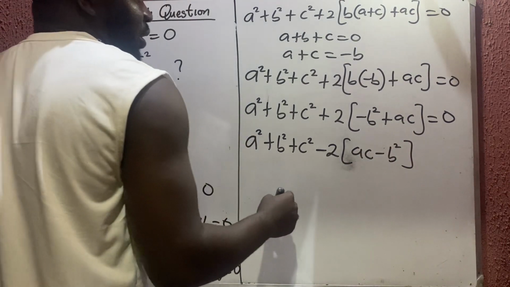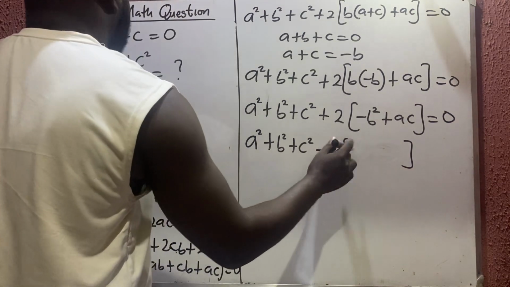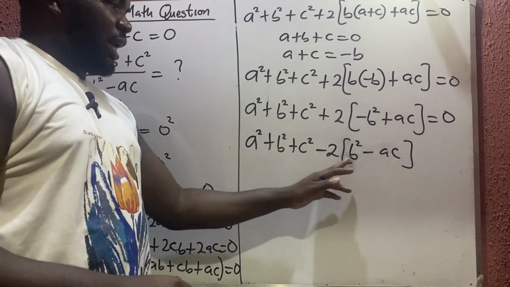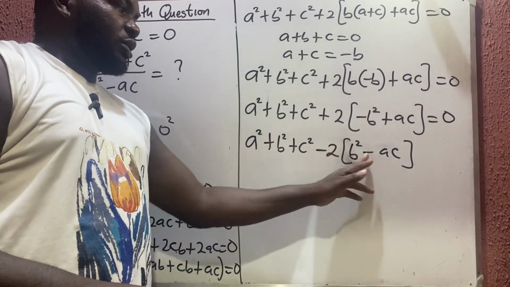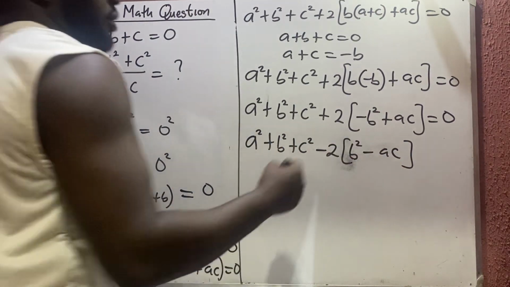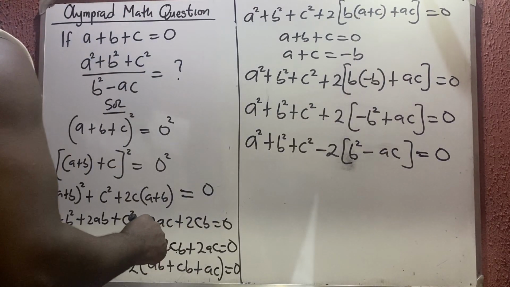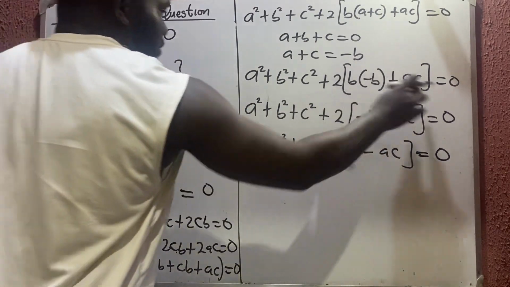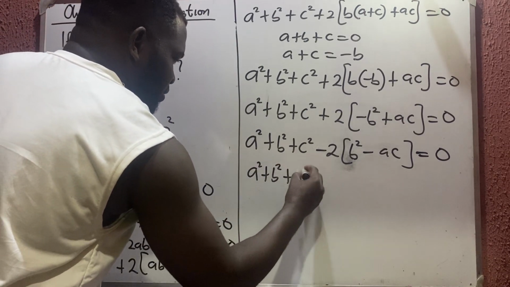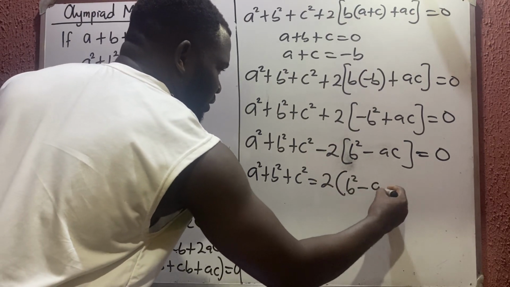Sorry, b squared minus ac. Yeah, b squared minus ac. So minus times this will still give you minus this, minus times minus will still give you plus. I just want to arrange it to look like this, is equal to 0. Now if I collect like terms, I take this one to this side, I am going to have a squared plus b squared plus c squared is equal to 2 into (b squared minus ac).